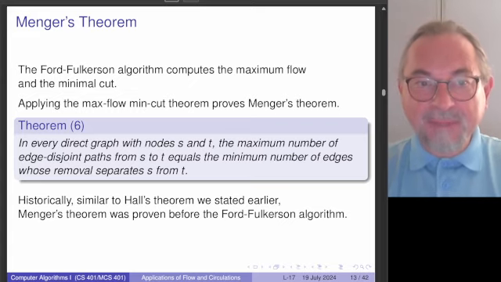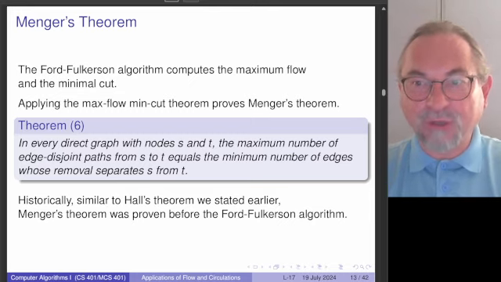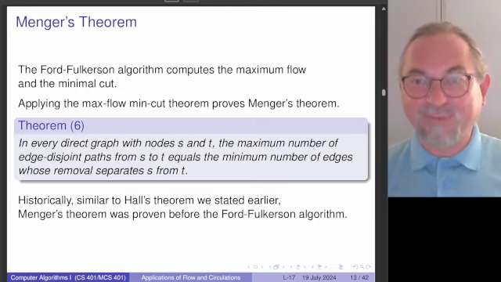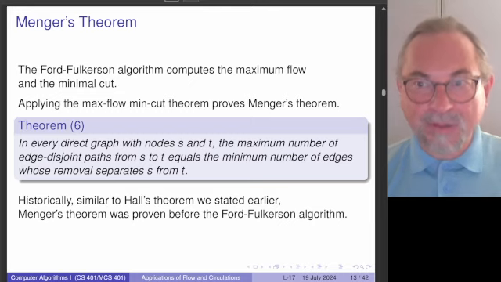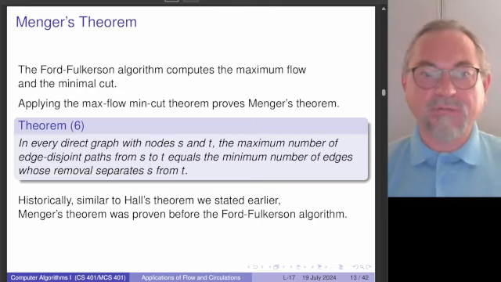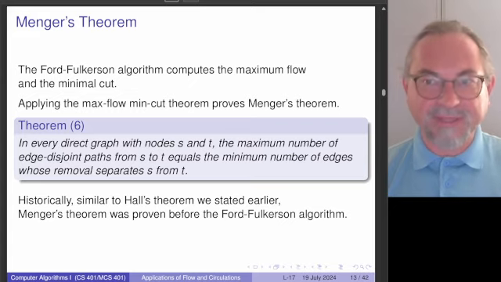And Menger's theorem says that the maximum number of edge disjoint paths between any two nodes equals the smallest number of edges that you need to cut in order to separate those two nodes. Now, perhaps to us it seems very straightforward because we have studied the minimum cut. But this theorem was proven before the Ford-Fulkerson algorithm, and at the time it was a non-trivial result and still an important thing in graph theory.